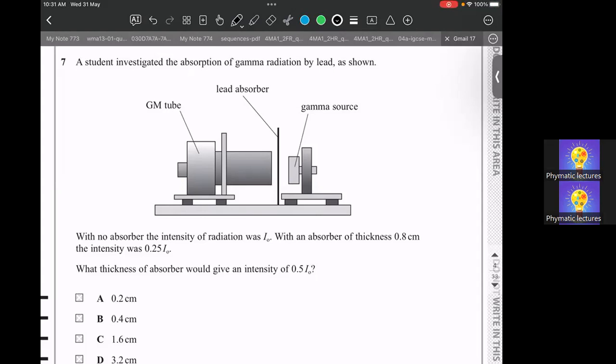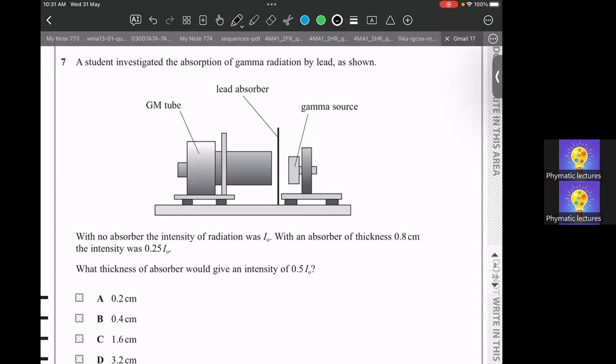When thickness increases, what happens? The intensity of the radiation coming out is lost. With no absorber, the intensity of gamma measured on the GM tube is I0. With an absorber of thickness 0.8 centimeter, it is 0.25 I0.